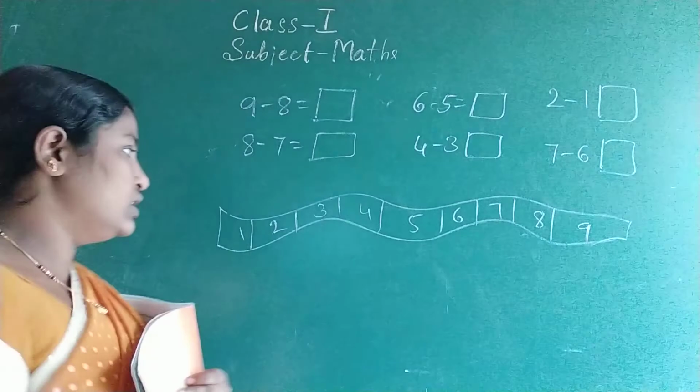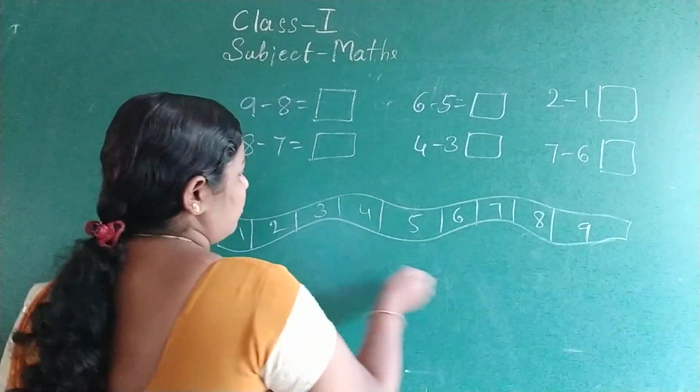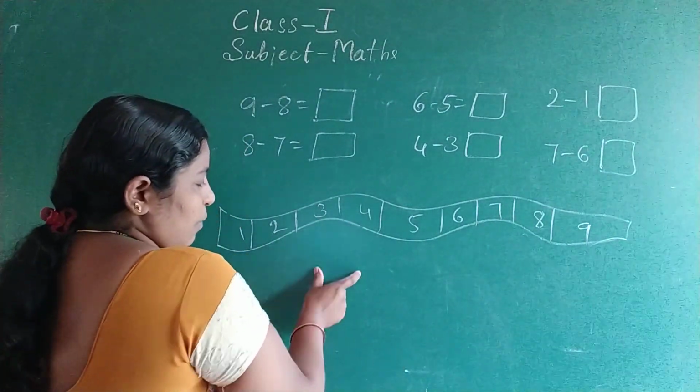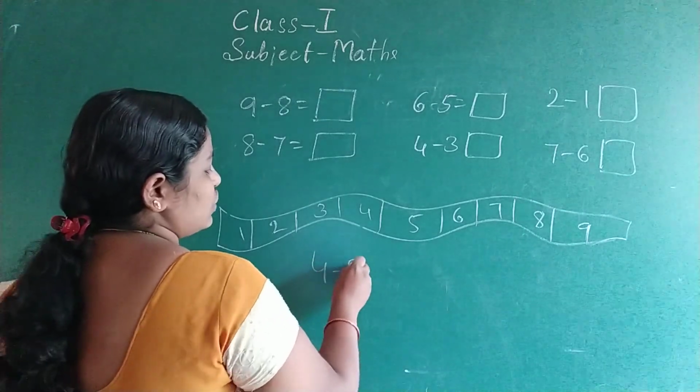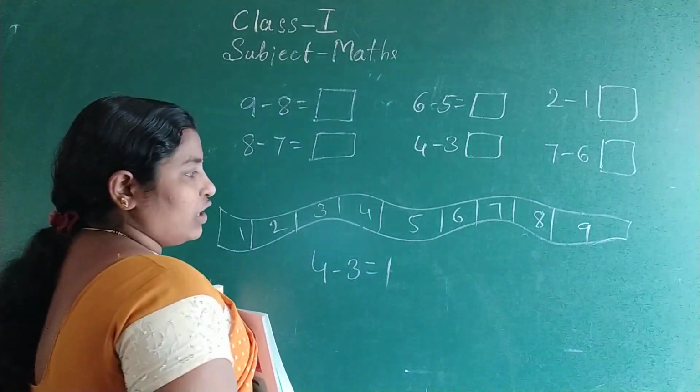It means that in the number strip, if we subtract two numbers that are one after the other, the answer will be 1.